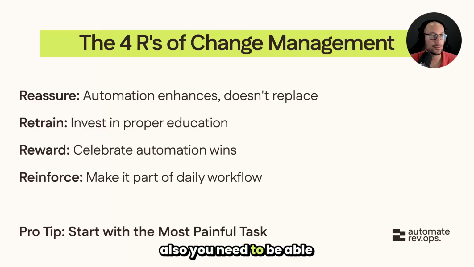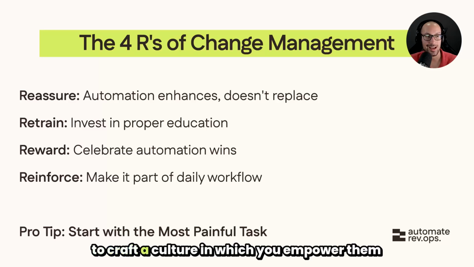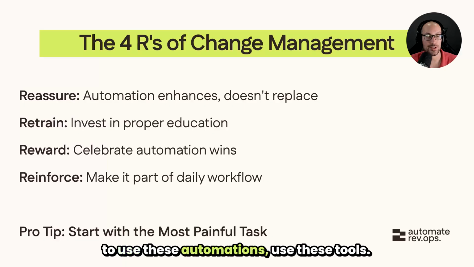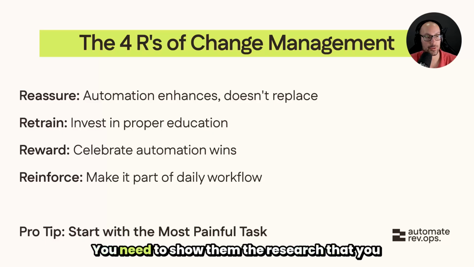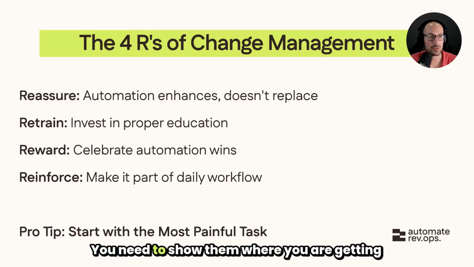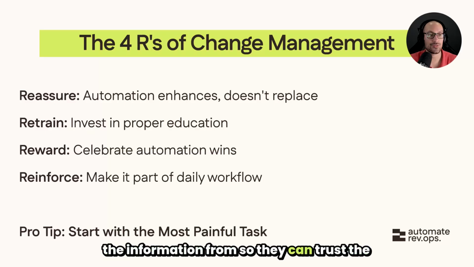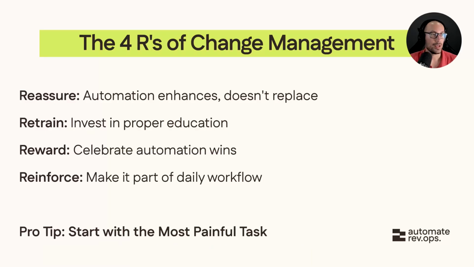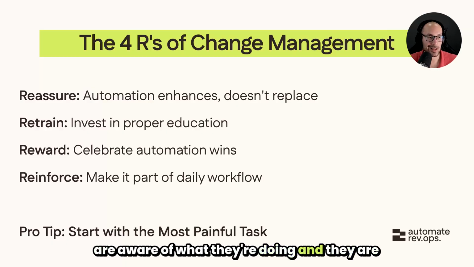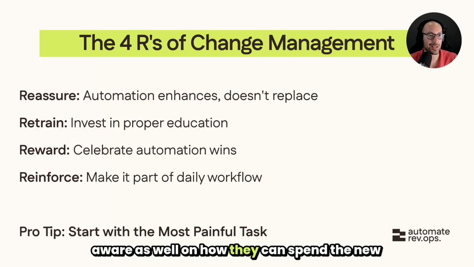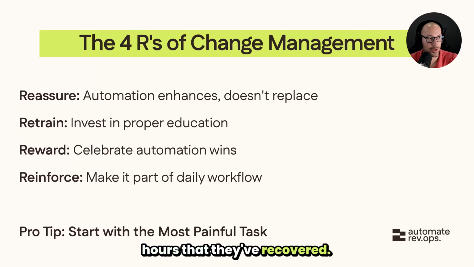But also, you need to craft a culture in which you empower them to use these automations and tools. Every time you create a new automation, you need to show them how it works and the results you can get. You need to show them where you are getting the information from so they can trust the system. You need to invest in their education so they are aware of what they're doing and of how they can spend the new hours they recover.